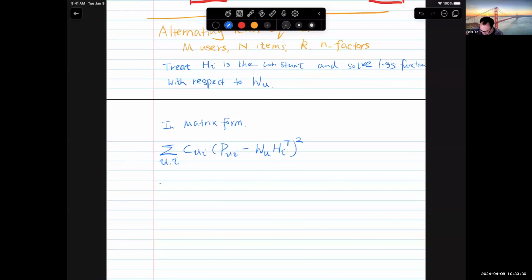So this is equal to the summation over I of CU times PU minus WU H transpose. Here we are not using the square, just taking a norm because this becomes a vector. Square of vectors. All right, so we sum them together and we split it up.